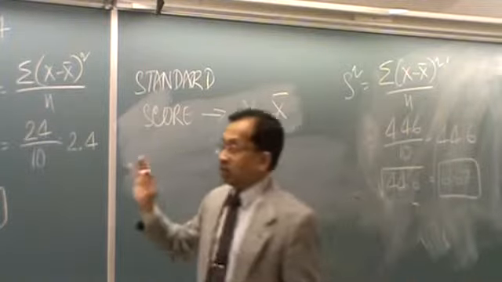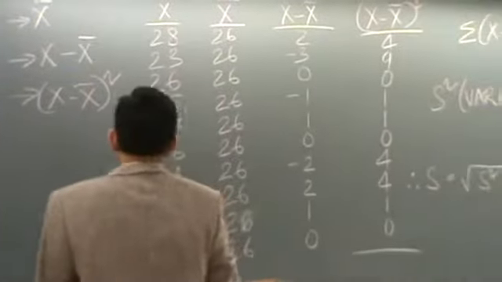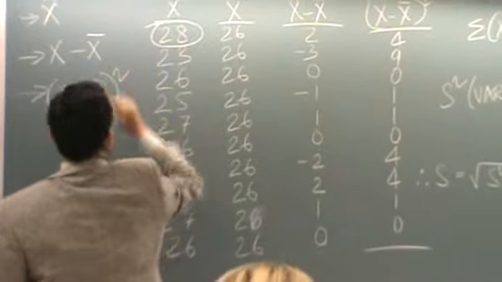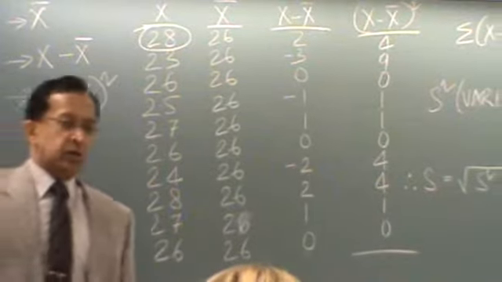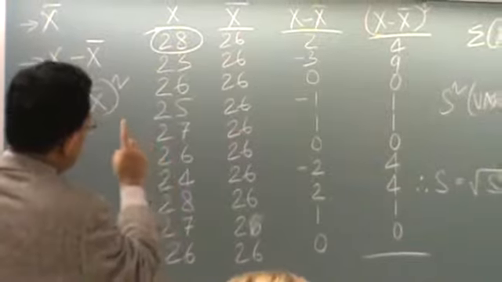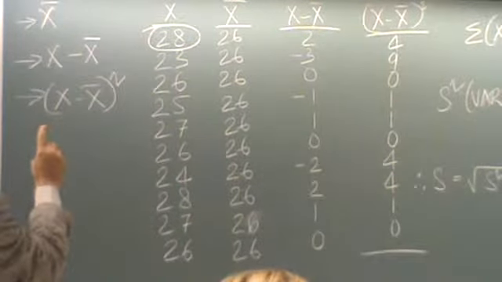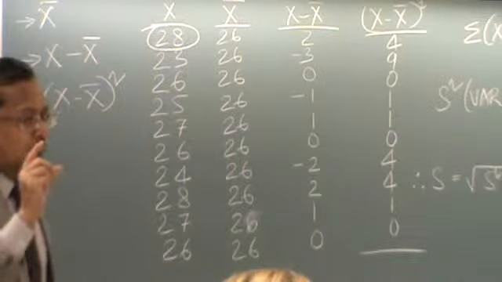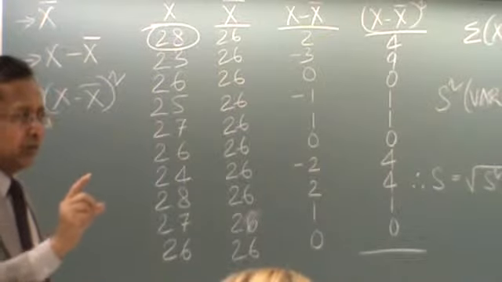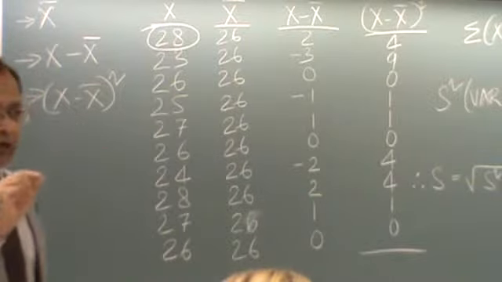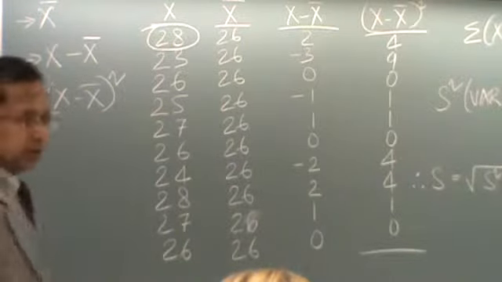Now what I am talking about is, let's say within this data set, you are looking at this specific value 28. The question we are trying to answer is, statistically speaking, what is the location of that value 28 in relation to the mean, which is 26?